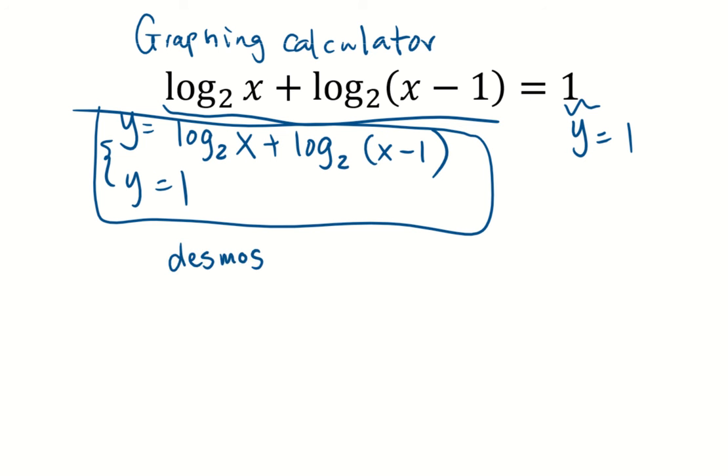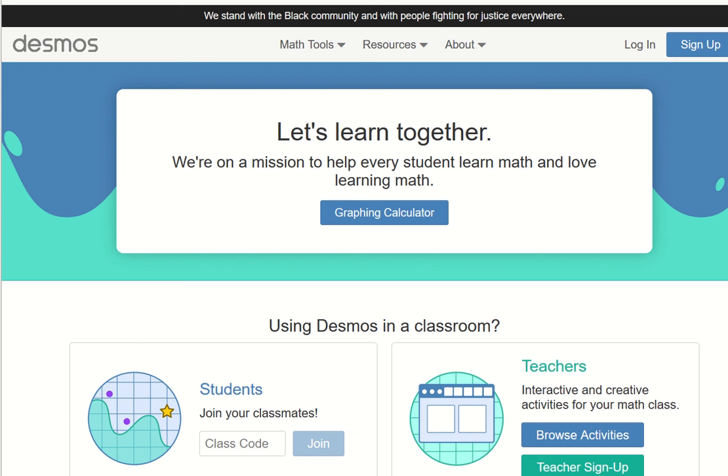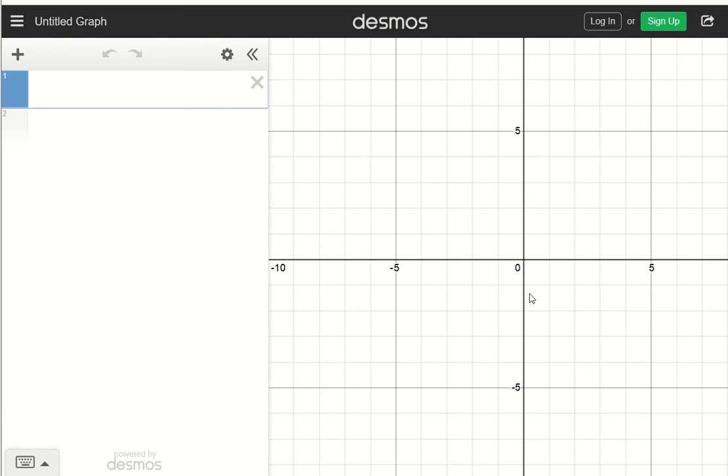I'm going to graph using Desmos, www.desmos.com. Here I am at the Desmos website. I'll go to graphing calculator. I'm going to type my two equations over here.